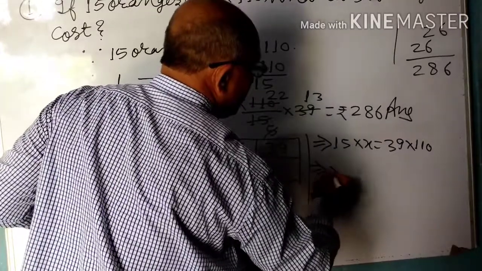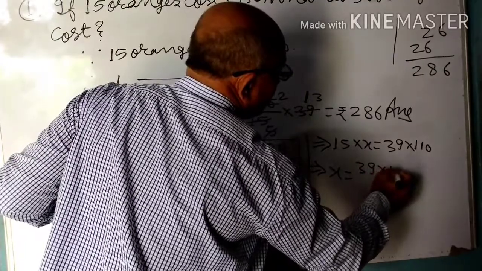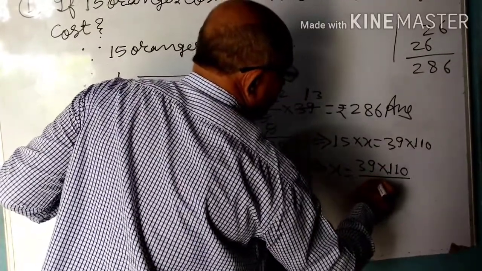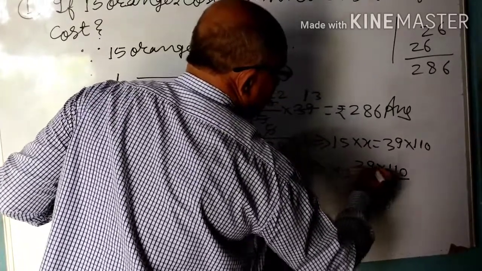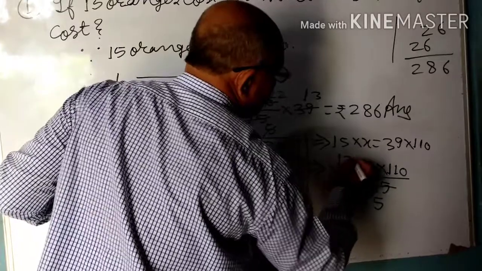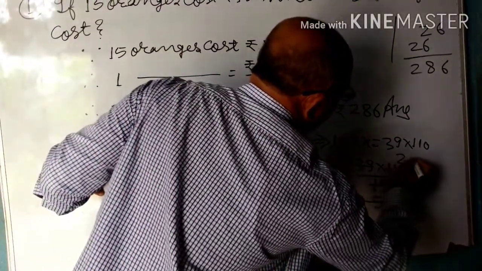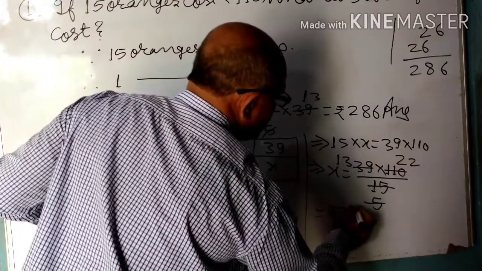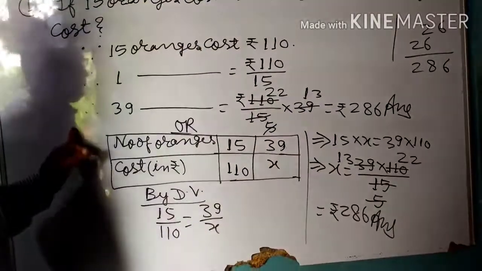That implies x equal to 39 into 110 by 15. 5 threes are 15, 13 threes are 39, and 22 fives are 110. So equal to rupees 286. Understand and write it.